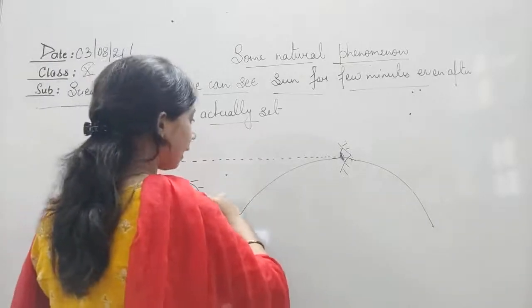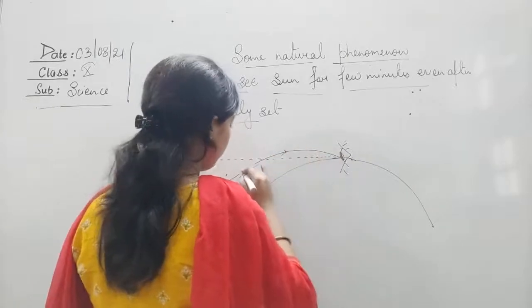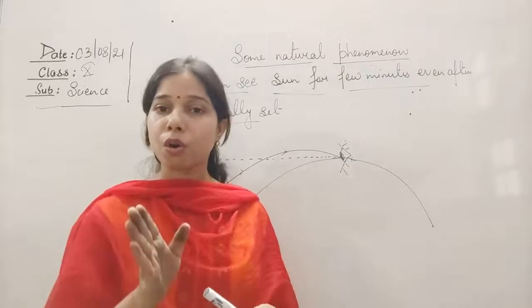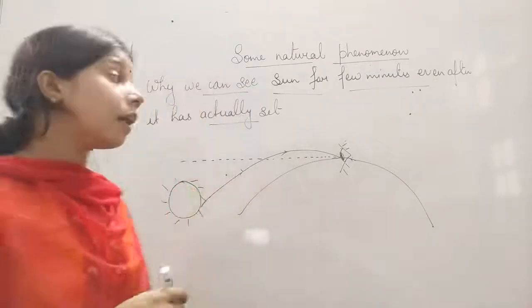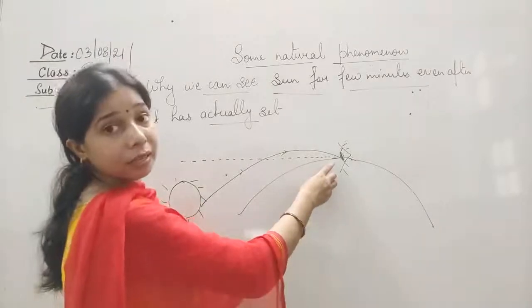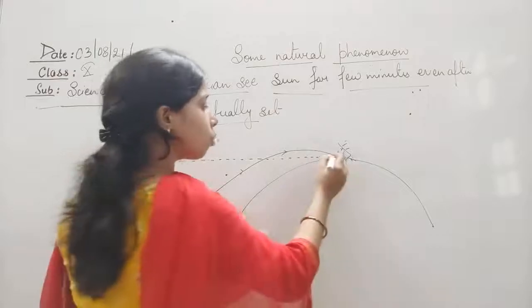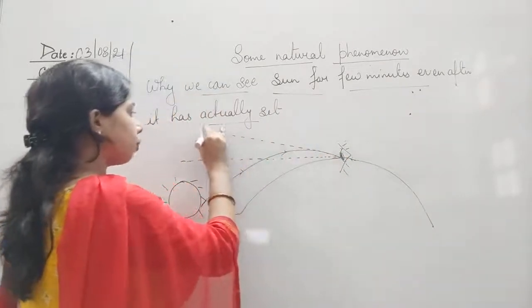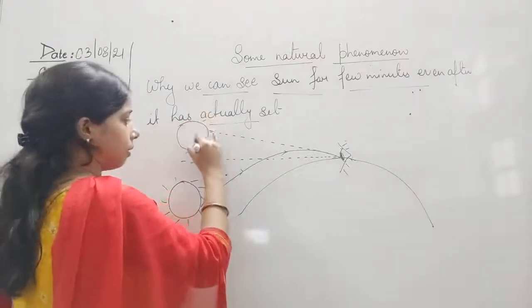It will get bent. It will be like this. Because as it enters into the Earth atmosphere, it shows refraction. Atmospheric refraction will happen. Now since the sunlight is coming from this side, we are going to see that the position of the sun is above the horizon.